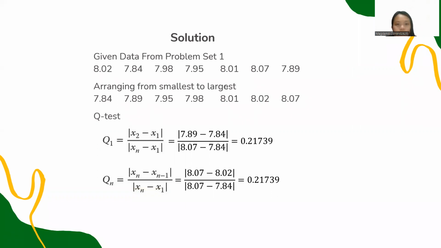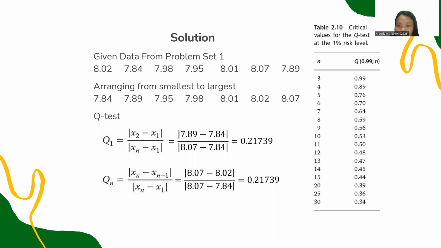After obtaining the values of Q1 and Qn, we need to find the critical value for Q. So we will use this table. The value for our n is 7, since we have 7 data points in our data set.